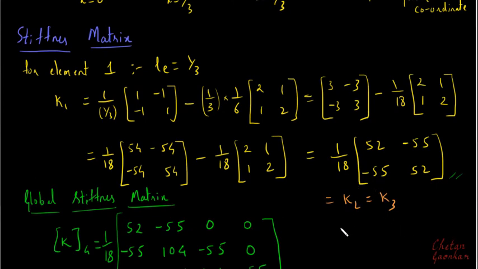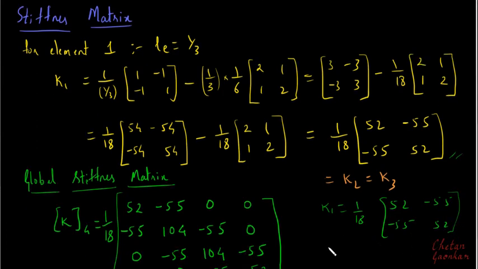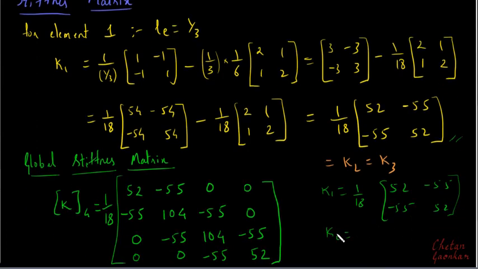So I got K1 matrix as 1 by 18, 52 minus 55 minus 55 52. Similarly I'll get K2 also as 1 by 18, and same thing, 52 minus 55 minus 55 52.